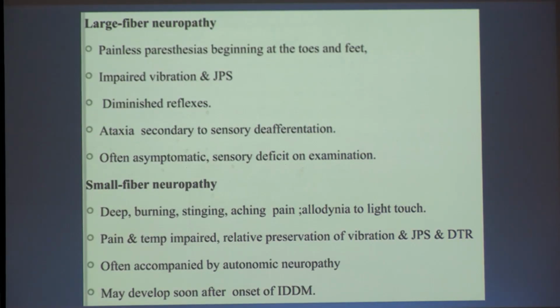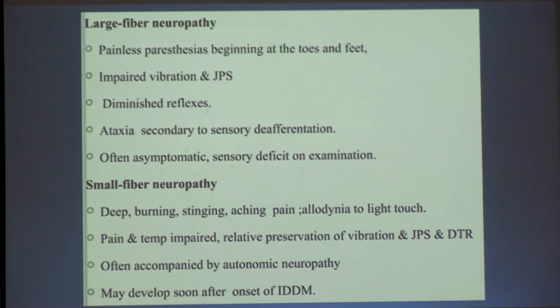So the features of large fiber neuropathy are painless paresthesia at the toes and feet. Pain and temperature are transmitted through the small fibers, that is, the fibers with a thickness less than 5 micrometer.